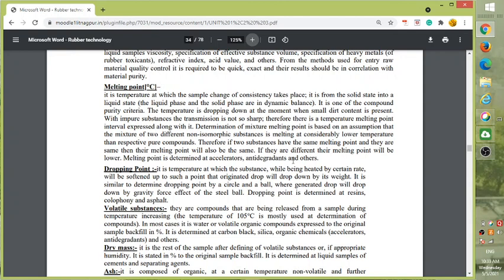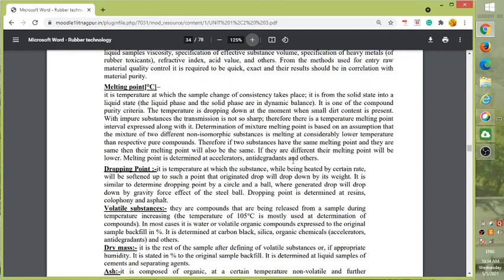So, determination of a mixture melting point is based on the assumption that the mixture of two different non-isomorphic substances, meaning not having the same crystalline structure, has a considerably lower melting point. So if you take a mixture of two things, then melting point will be lower as compared to if they are taken individually.